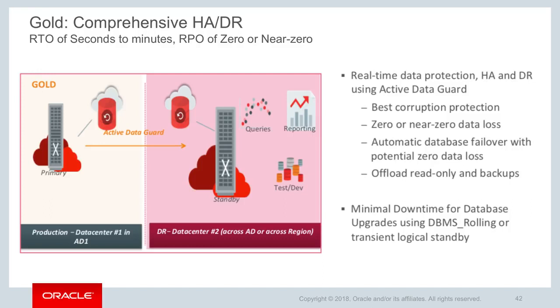For best practice, we recommend using Active Data Guard, which will enable the standby database for reporting or to test issues in production on the standby, and finally for automatic data corruption protection.